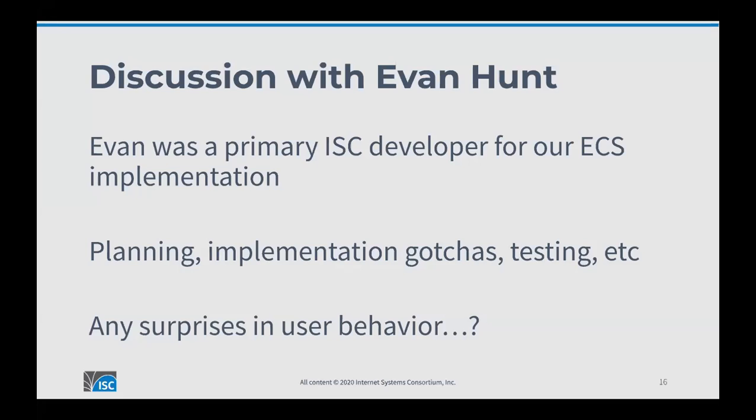Exactly. So Eddie, this is Vicki, I remember that case where the customer wanted to use ECS everywhere internally, and it was a big enterprise where they wanted people to use the same name in different departments and get a department specific site. Yeah, exactly. Which typically we would think of using views for, but in that particular case, they wanted to use ECS, which was interesting.